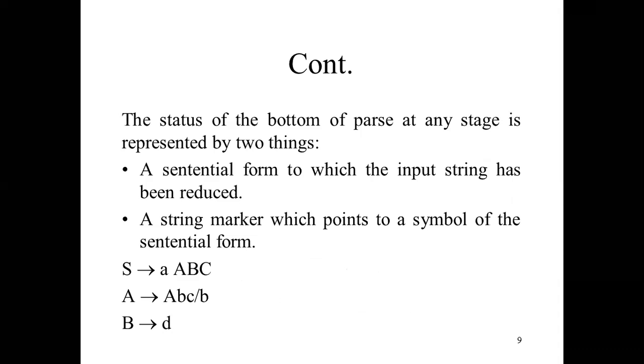Then we start from the bottom and proceed to the top side and achieve a single letter. And another thing is a string marker which points to a symbol of the sentential form.